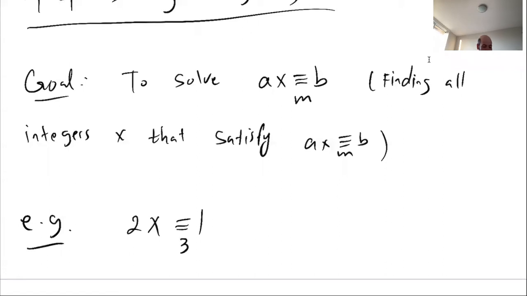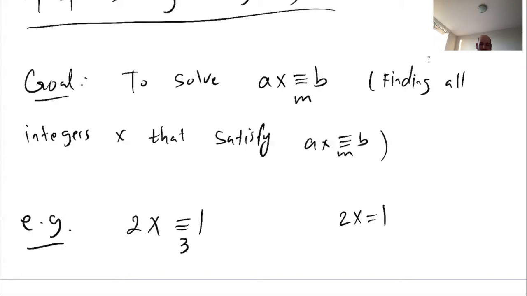You may tell me that if it was 2x equals 1, then we would multiply both sides by 1/2 and get x equals 1/2. But 1/2 is not an integer, right? In number theory, please remember that we always work with integers, so we normally won't accept fractions.